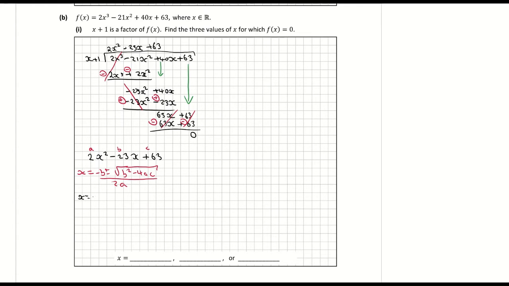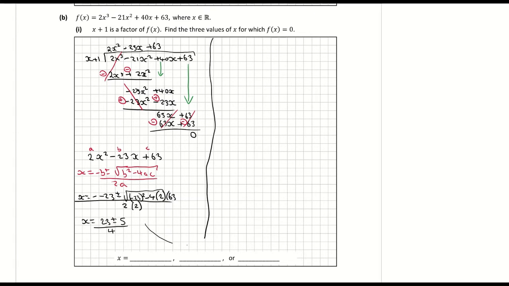So x is equal to minus negative 23 plus or minus the square root of negative 23, all squared, minus 4 times a times c, all over 2 times a, which is 2 times 2. And when you do that out, you get x is equal to positive 23 plus or minus the square root of 25, so that'll give me a 5 over 4. So running out of space here, so let's bring all that up here.